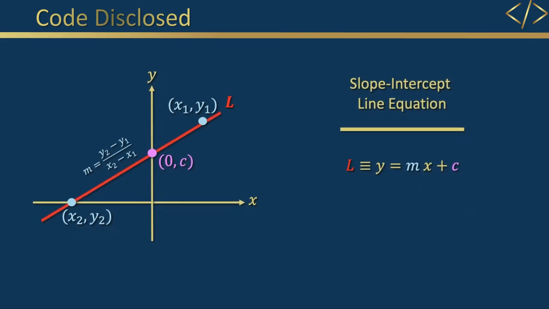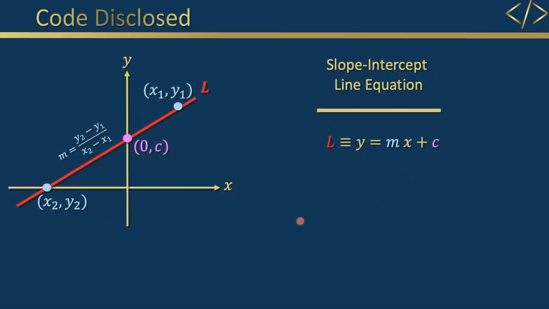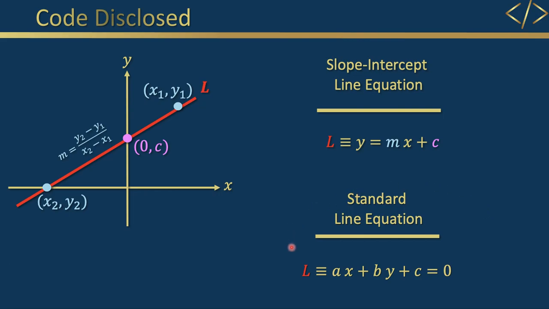Now, there is another line equation that this line can represent, which is ax plus by plus c equals 0. We call this the standard line equation. Now, the question here is how to go from the slope-intercept to the standard line equation and the other way around.